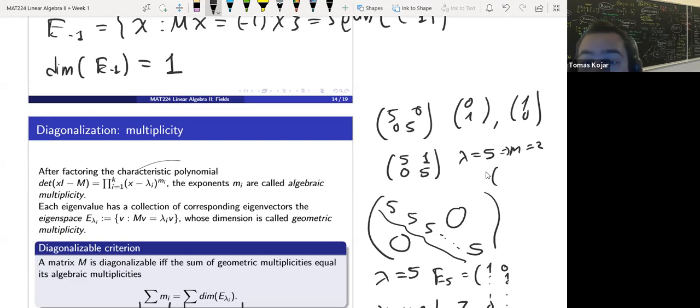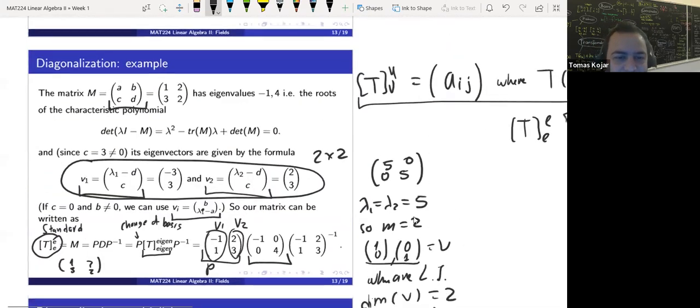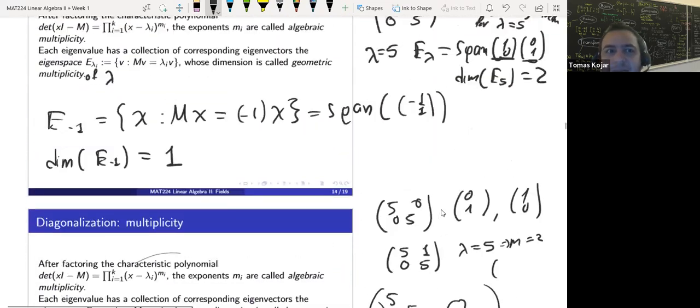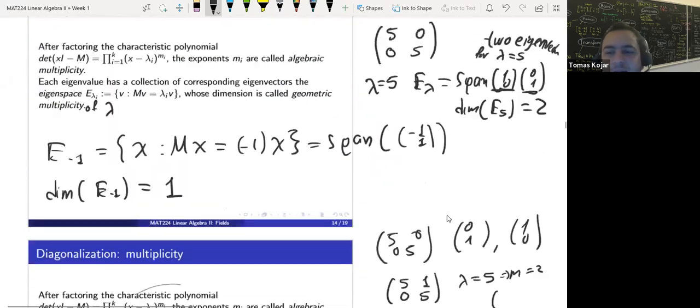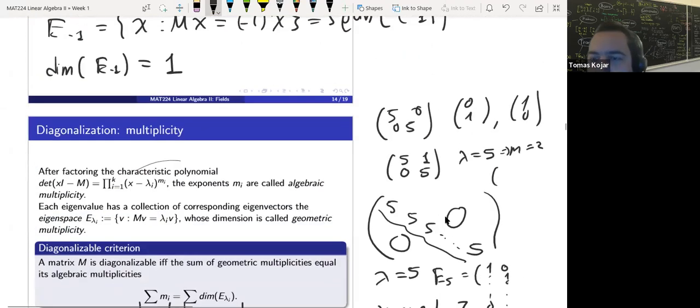C is 0, so I have to use the other formula. So I take 5 minus A. Where am I? So, right, 5 minus A, so 5 minus 1 and then B.